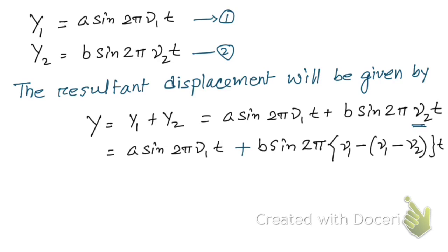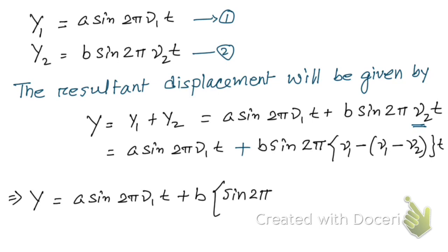If we use that, then y is equal to b into, within bracket, we're going to write sine a, here sine a is sine 2 pi nu 1, then cos b is cos 2 pi nu 1 minus nu 2.